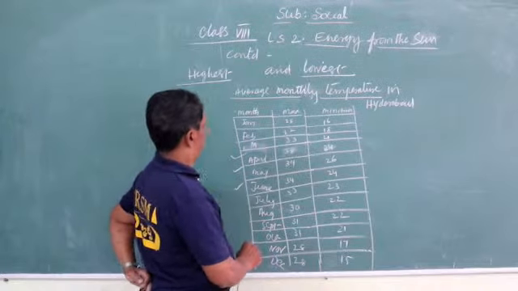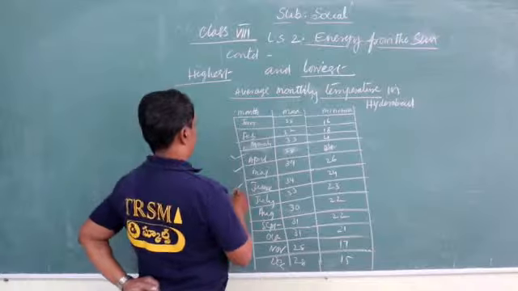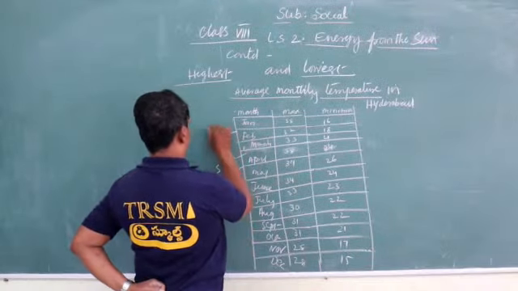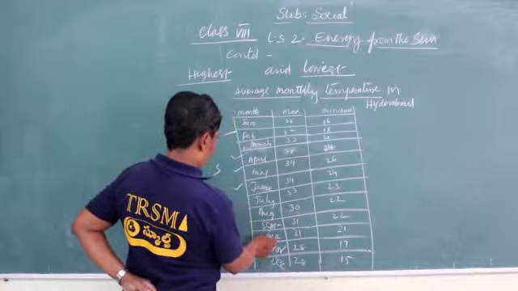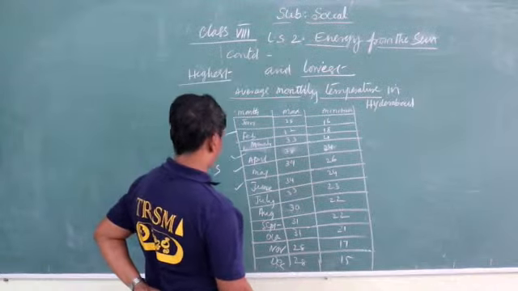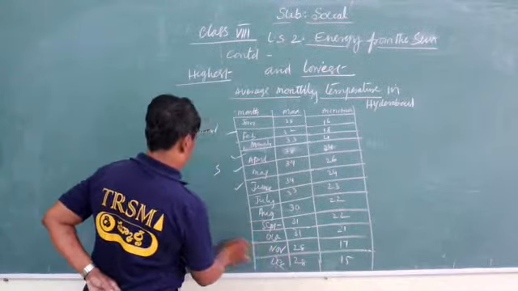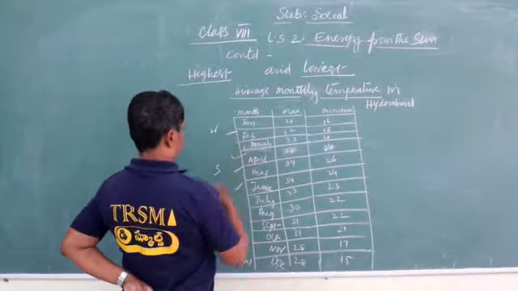Okay, so we can easily see this is the summer, this is the winter from October to January. Okay, this is winter.